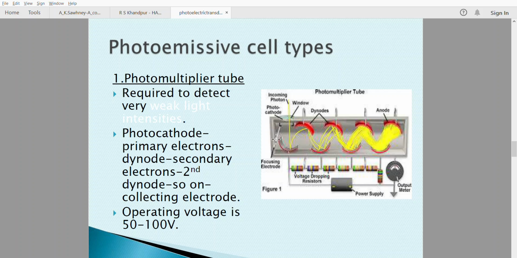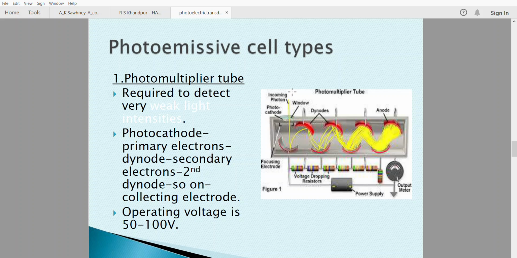Photoemissive cell types: the photomultiplier tube, required to detect very weak light. Previously we saw phototransducers that cannot detect very low light intensity, but photomultiplier tubes are constructed for this purpose, to detect weak light intensities. The photocathode is followed by primary electron diodes, secondary electron diodes, and so on.